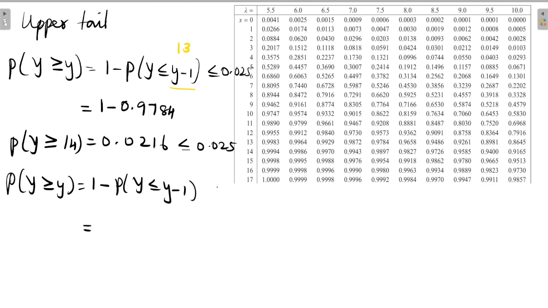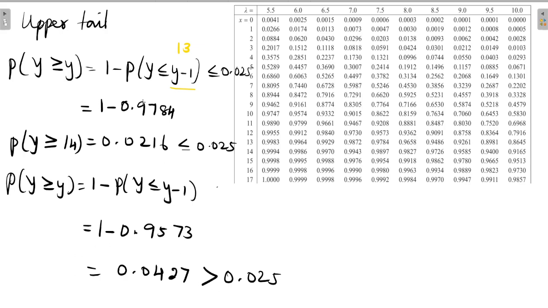With lambda 7.5, when you take this value it is 0.9573. So 1 minus 0.9573 is 0.0427. It is greater than 0.025. So this is not our critical region.